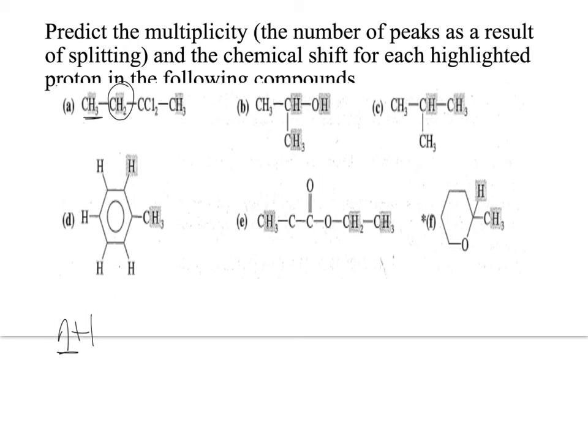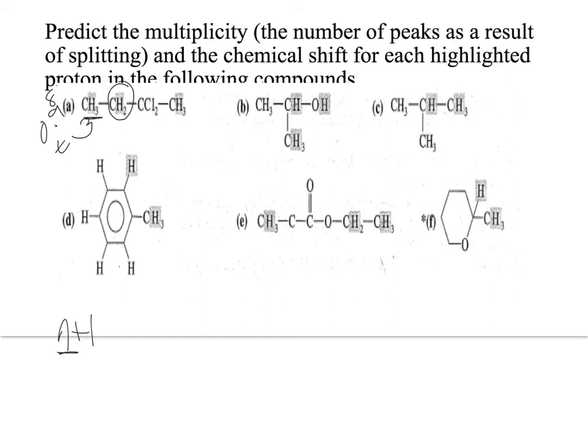N is the neighbor, so 2 plus 1 is 3, so that's a triplet. And the chemical shift here would be about 0.9 because it's a methyl next to an alkyl group.